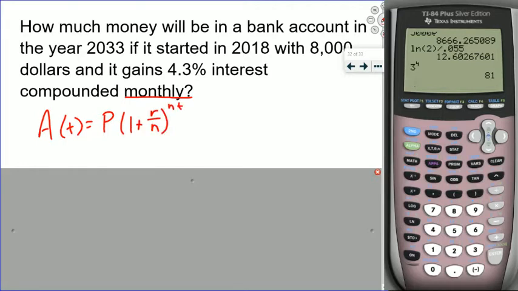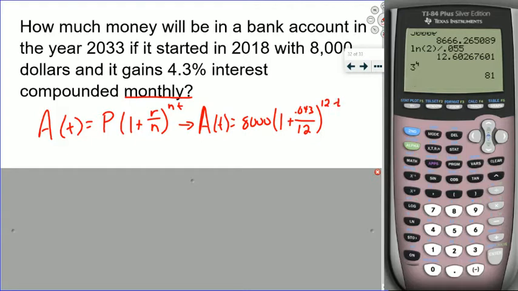All right, so A of t equals the amount we started with, which was $8,000, times 1 plus the rate, which is 0.043, and our compounding was monthly, so there are 12 months in a year. So that n goes both in the denominator there, and up top here, and then times t.